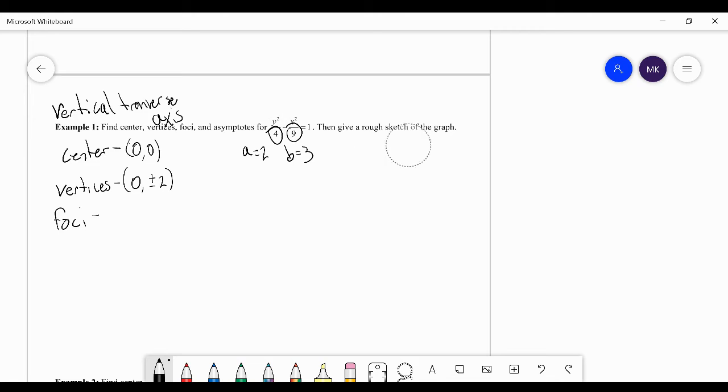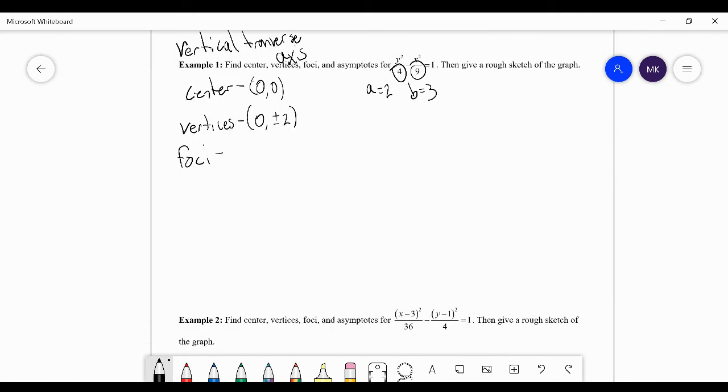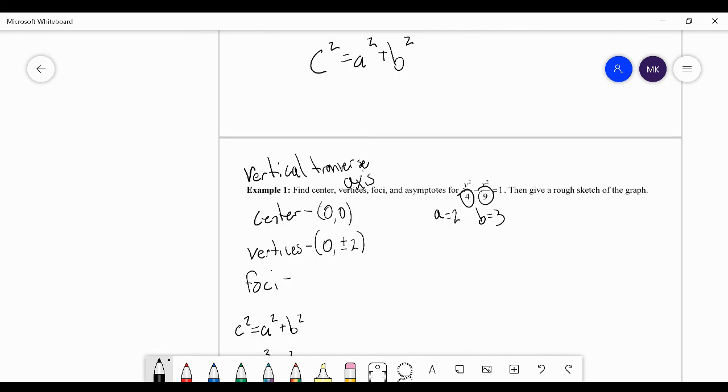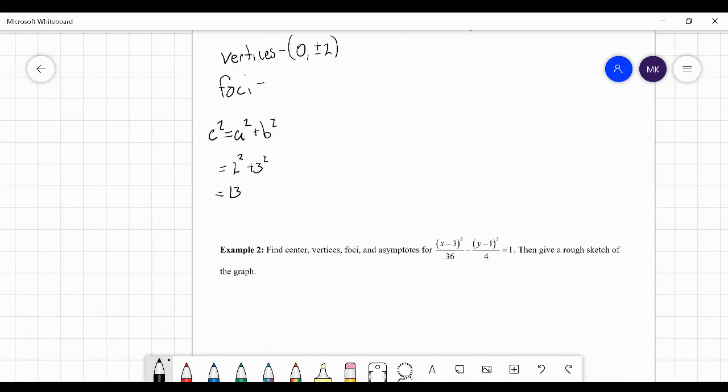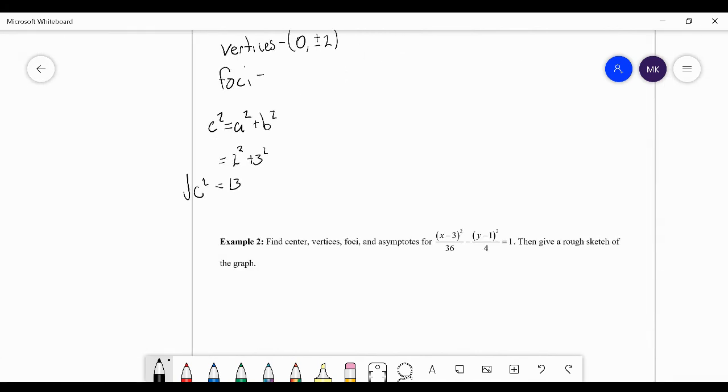So that means I have 2 squared plus 3 squared, which 2 squared is 4, 3 squared is 9. Add those together, we get 13. So that means that c squared equals 13. Square root both sides, we get c is the square root of 13.